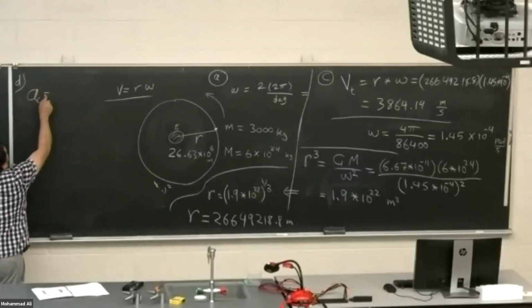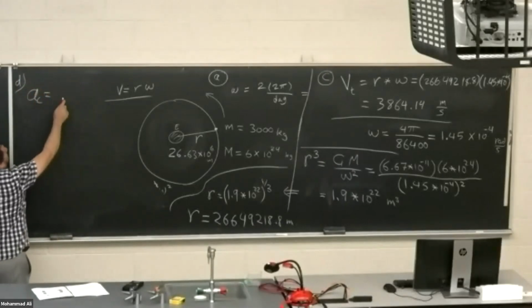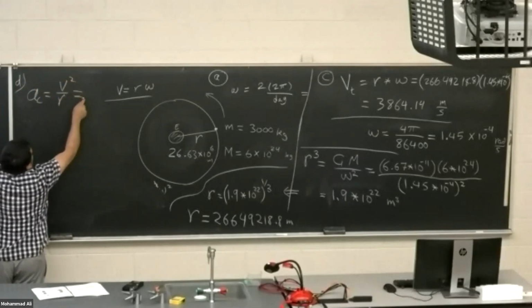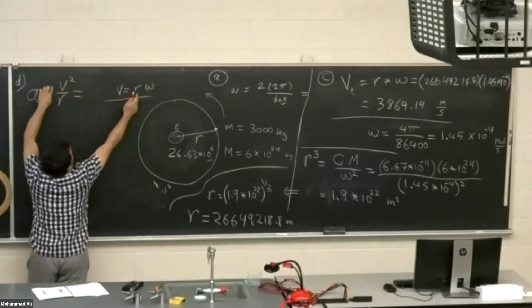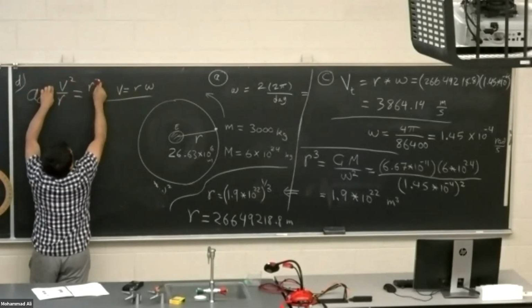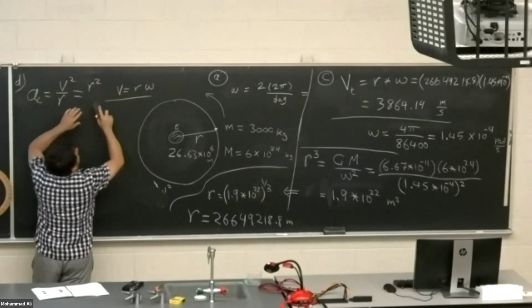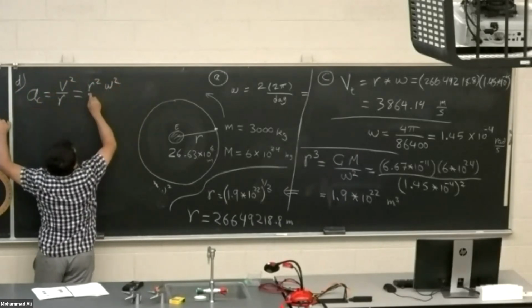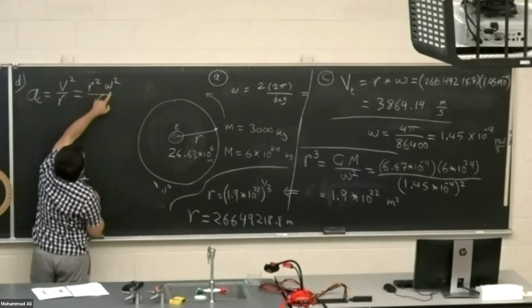A centripetal is equal to V squared over R, or, if I use this, omega squared R, because V is R omega.